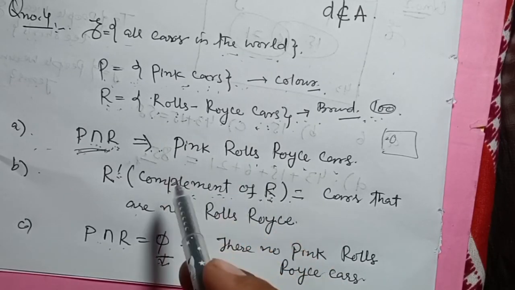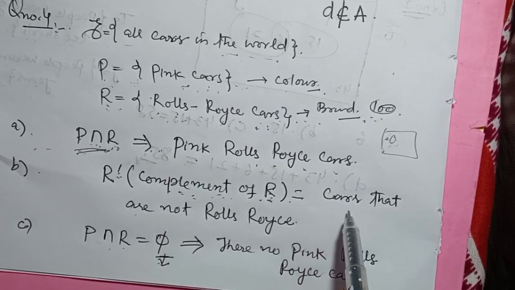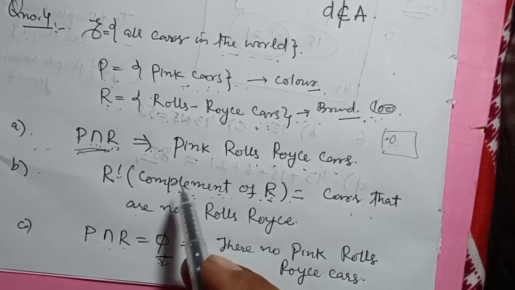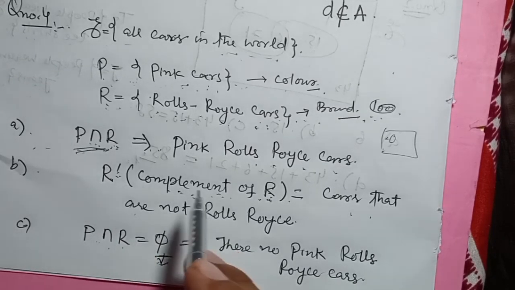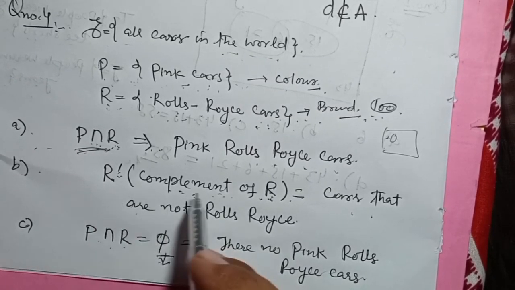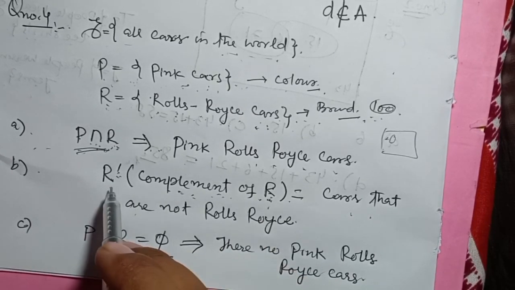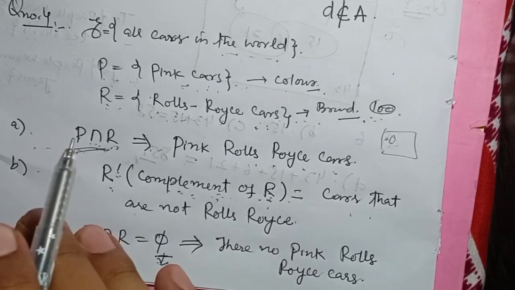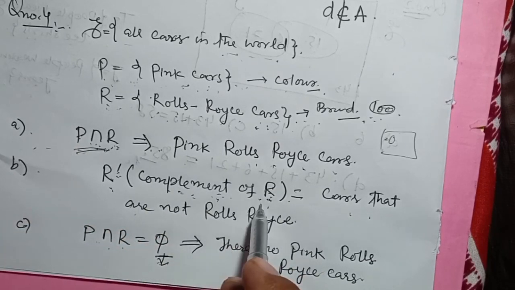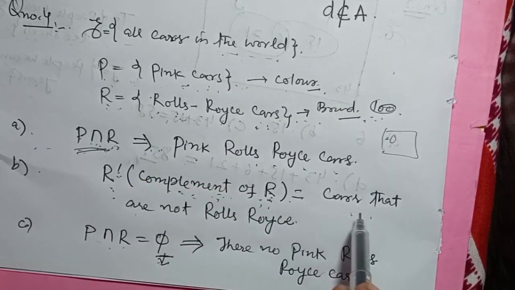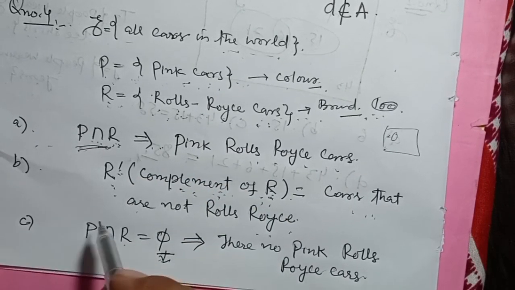All cars that are not Rolls Royce. That is the complement of R. R dash is the set of those elements which are not in R, so R dash will be cars that are not Rolls Royce.